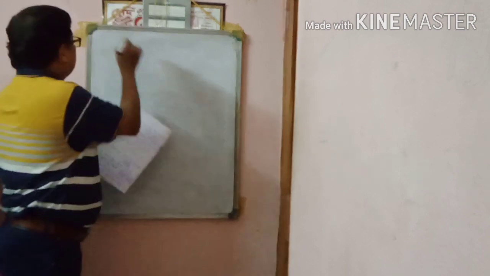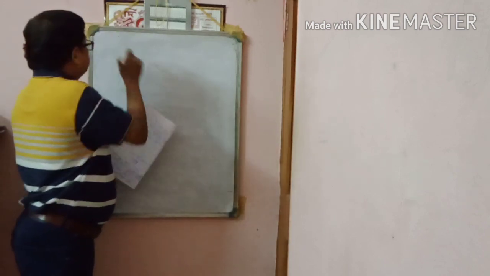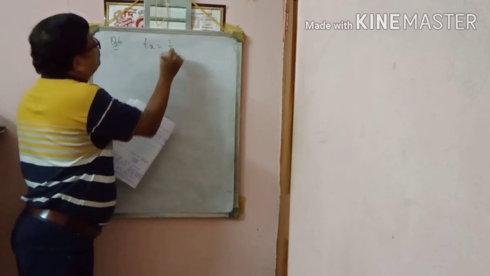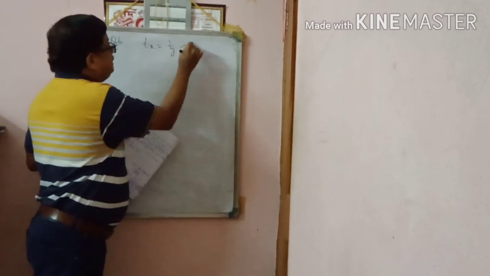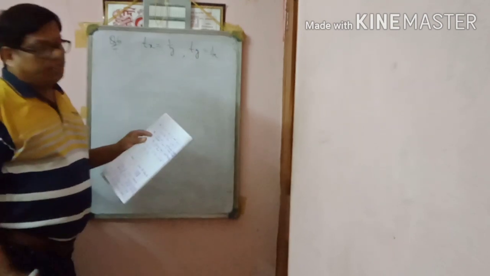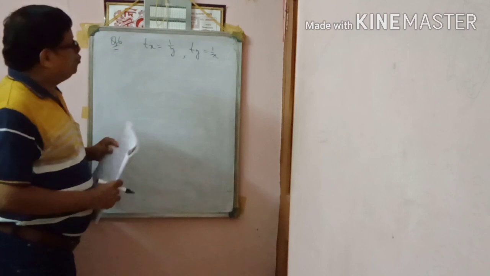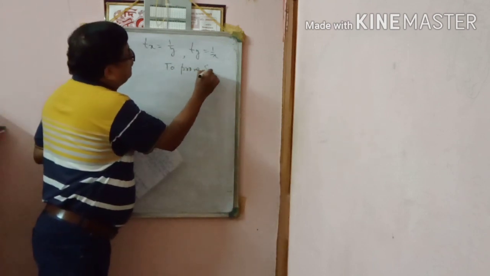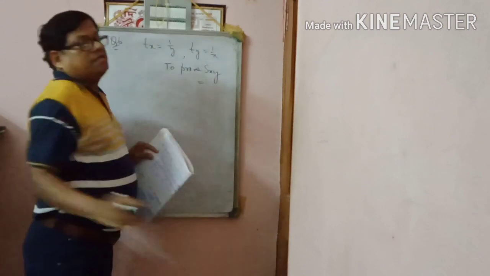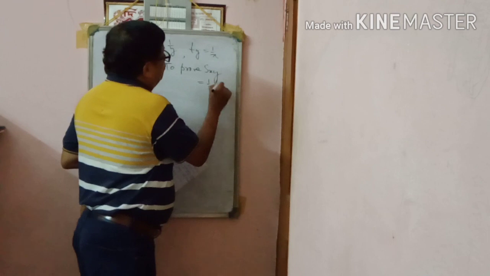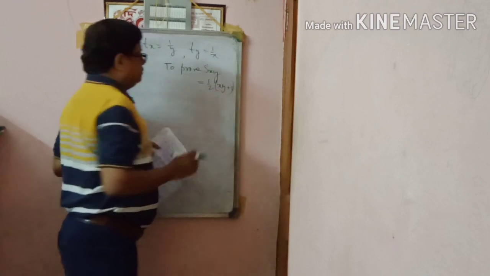See, given question number 6: Tx equals 1 by y and Ty equals 1 by x. To prove, S of xy, that is the sum of xy terms, equals half of (xy plus 1).